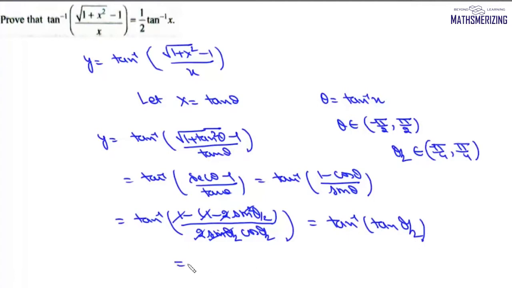So in that case, it will be simply equal to theta by 2, and we can write this as 1 by 2, and then theta is tan inverse of x. So it will be 1 by 2 tan inverse of x for all x belongs to R except 0. So here we have used the self-adjusting property, and while using the property, we have verified that this theta by 2 lies in the principal value range of tan inverse function.